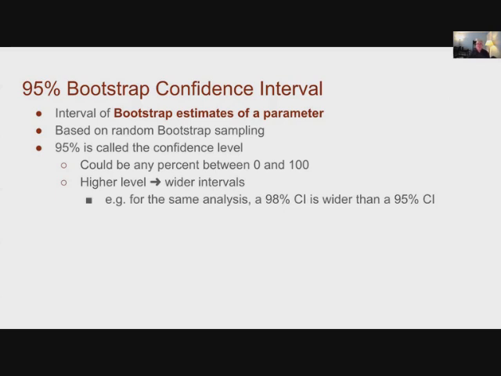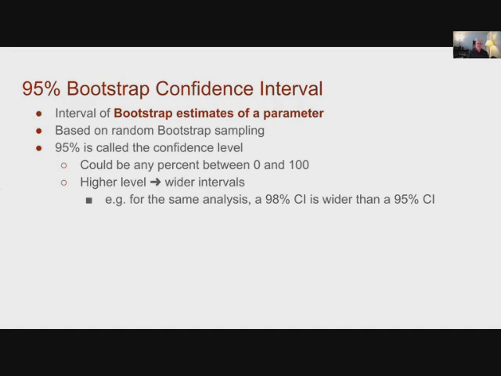So if we had a confidence interval of 98%, that's going to be wider, it's going to capture more of the data. And so basically, and we're going to see this in the demo, when we say we have a 95% bootstrap confidence interval, what we're going to say is that when we do our resampling, 95% of the time the estimate, the statistic, is going to fall within the range of those parameters.